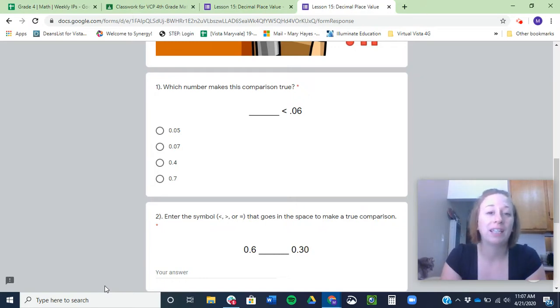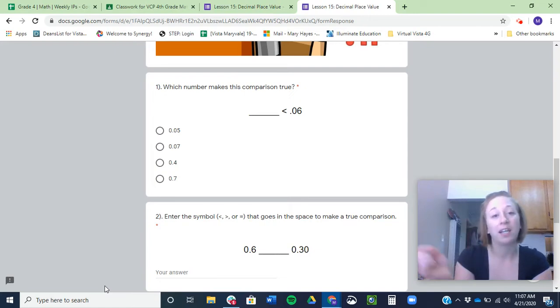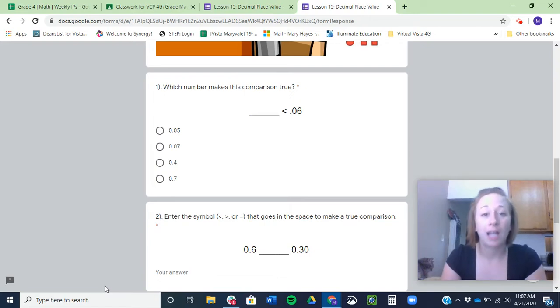So after you finish today's guided practice, when you go to your independent practice section, it'll give you steps to log into Splash Learn. Now, Splash Learn is a really cool website where you can essentially play some games that are related to math. So the games that you're going to be playing today are identifying tenths and hundredths.